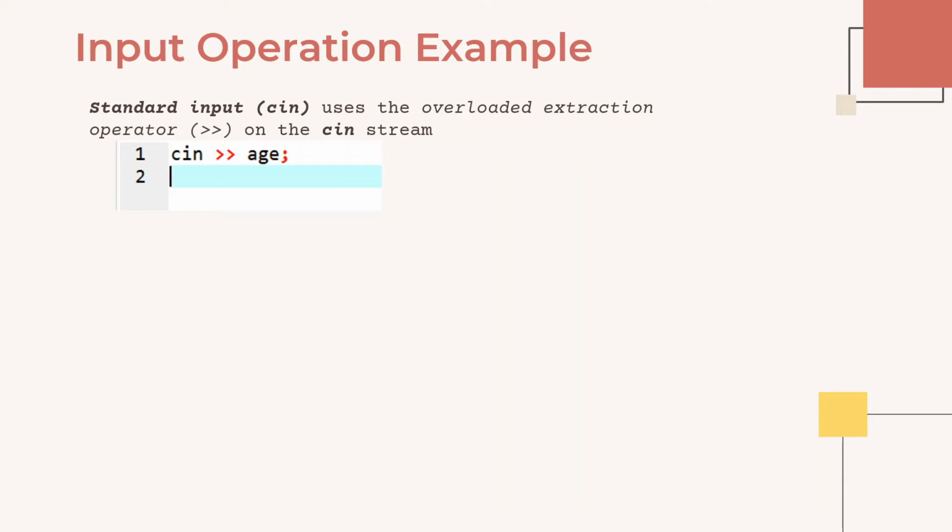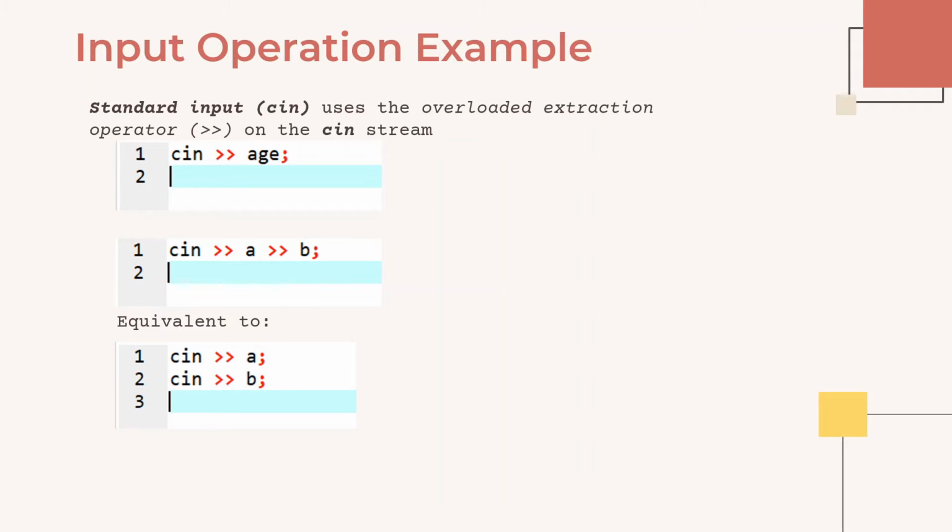Cin can also be used for more than one input with the following command. Cin, then the extraction operator, then A, then the extraction operator again, then B, and we end it with a semicolon.